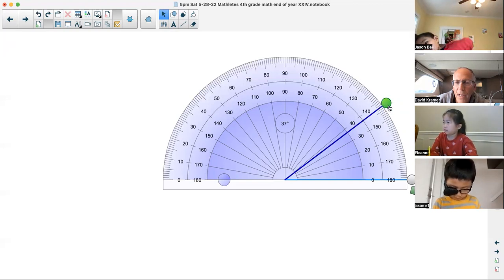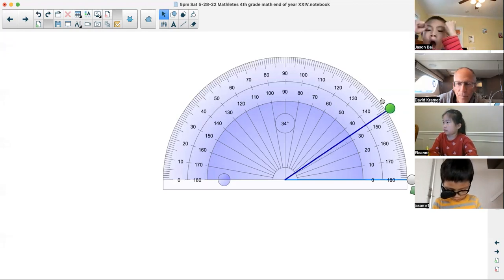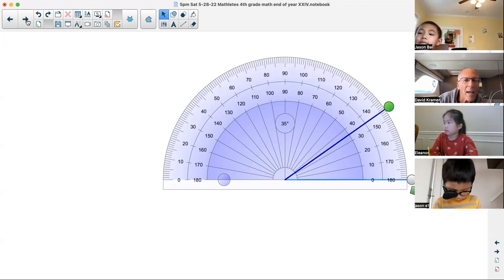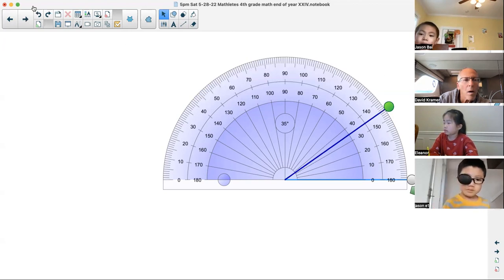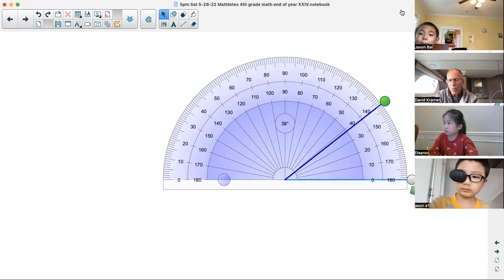Really interesting. Now, what I'm going to ask you guys to do is look at an angle. Hold on a second. Having trouble with this. You guys hold on for one more second.